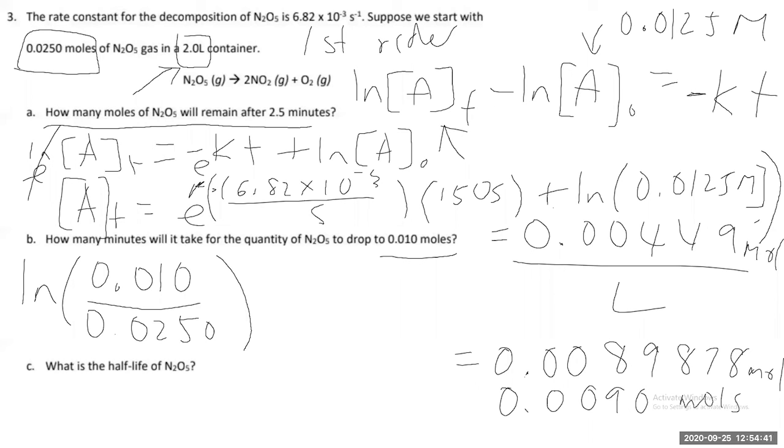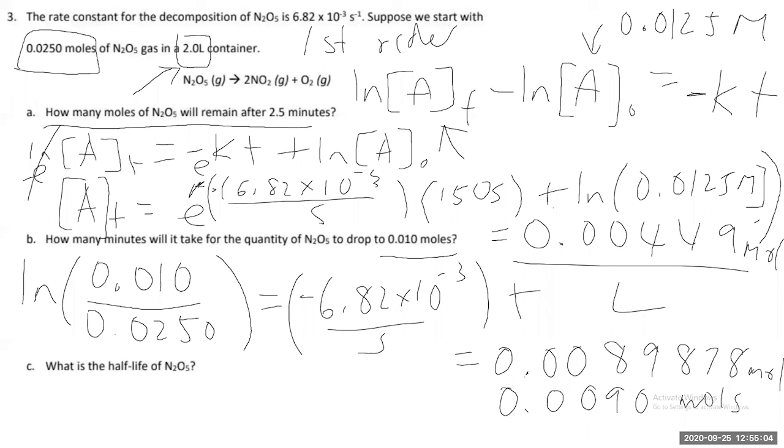Now, that's going to be equal to negative k, which is negative 6.82 times 10 to the negative 3 per second. And now we just have to solve for t in seconds, and then we can convert it to minutes.